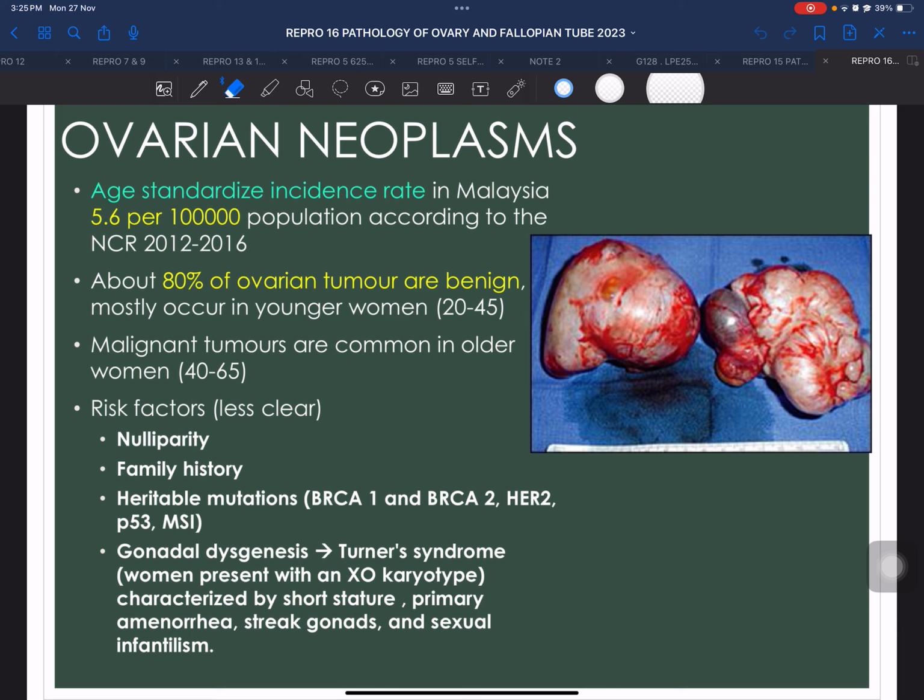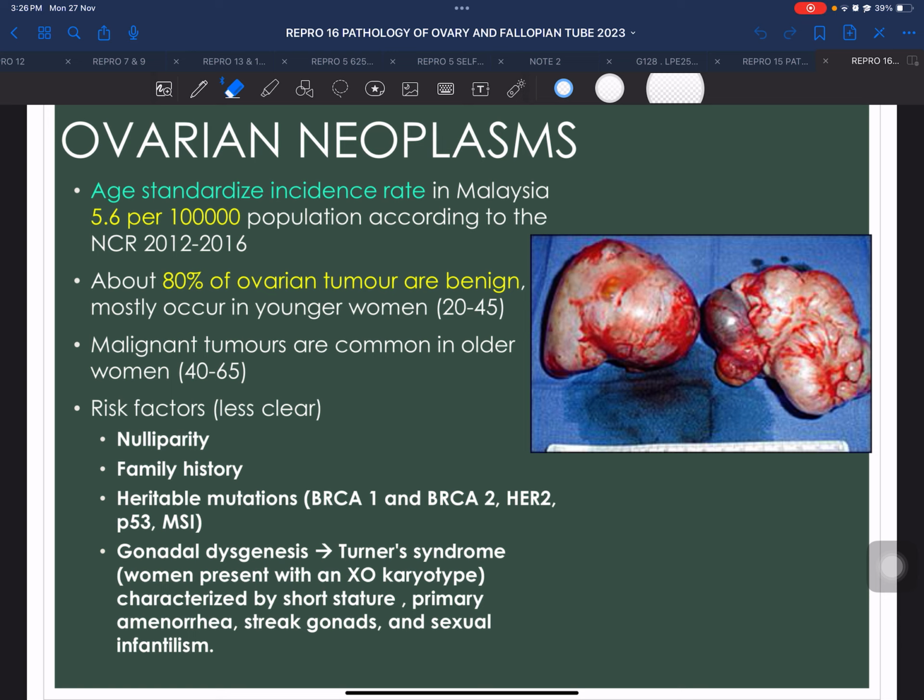Okay, so oral contraceptives are also thought to be protective, or they somewhat reduce the risk of ovarian cancer.